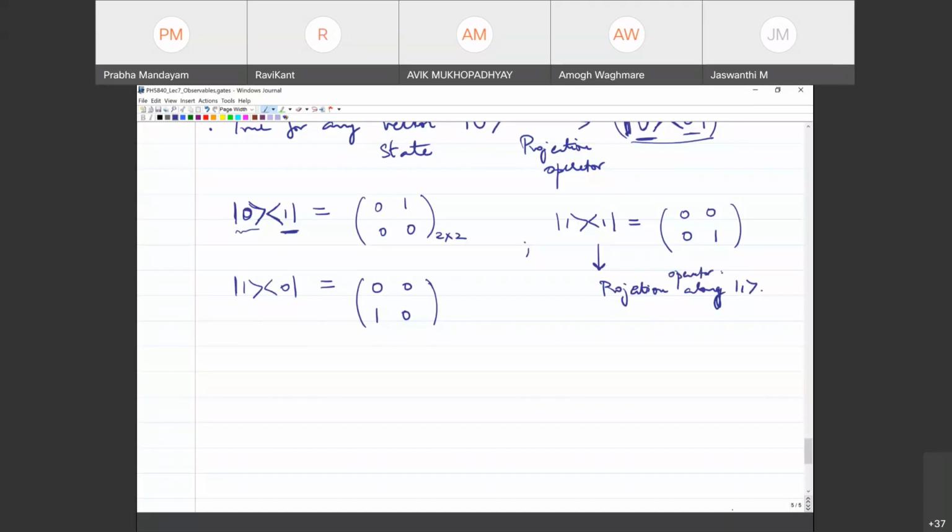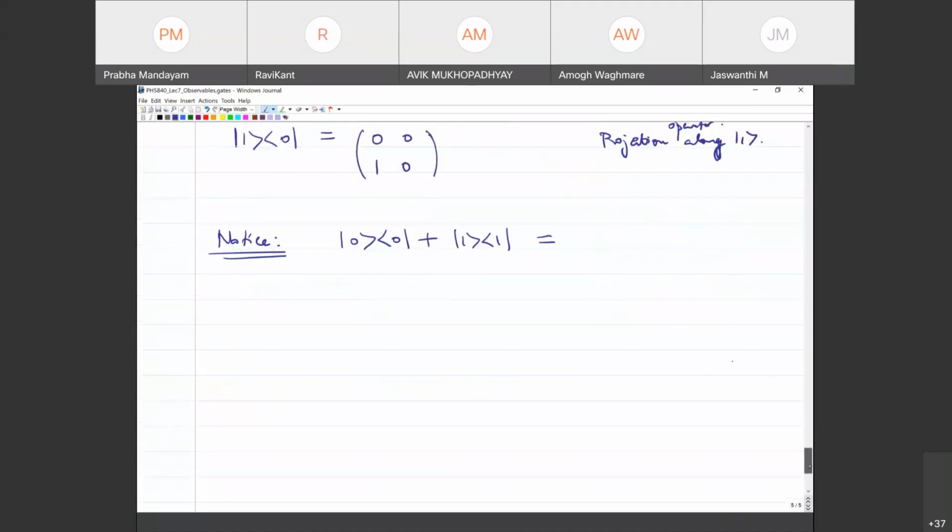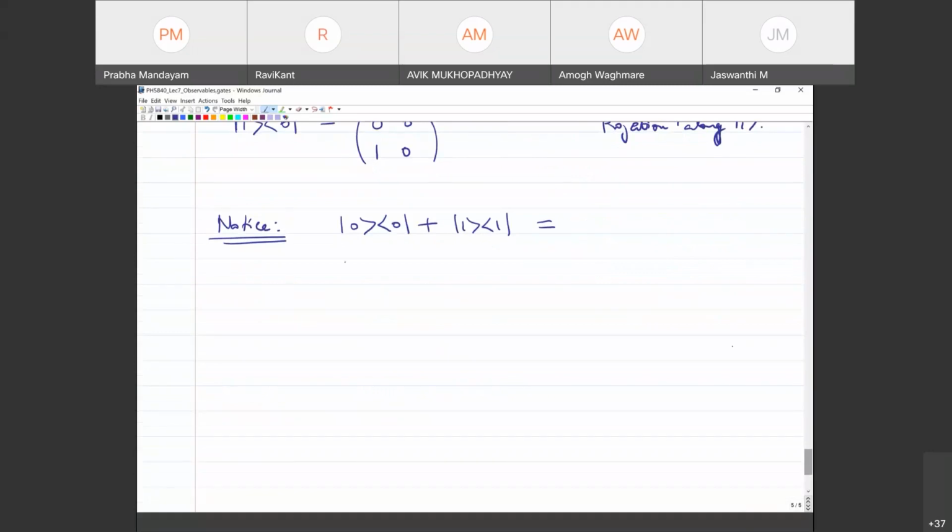So now notice that I can write down the following. If I take the projection along 0 plus the projection along 1, what do I get? I want you to identify these matrices for me now. If I take the projection along 0 minus the projection along 1, what do I get?